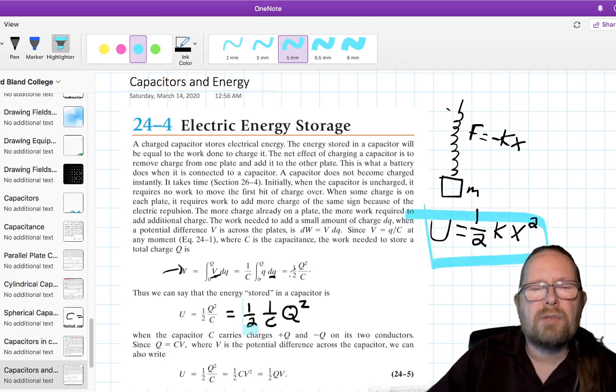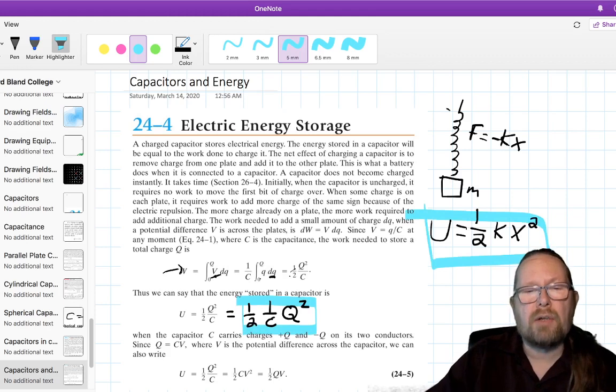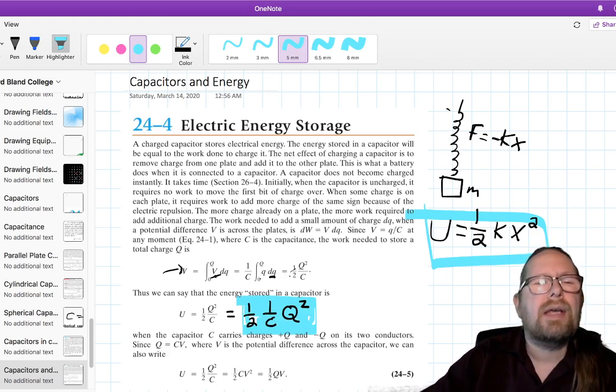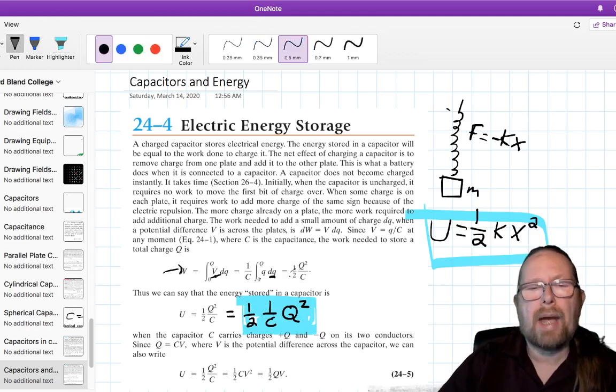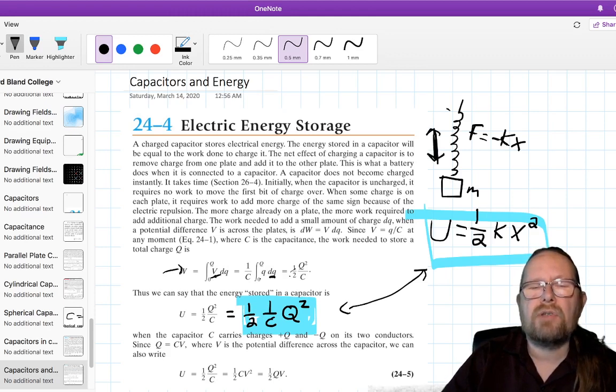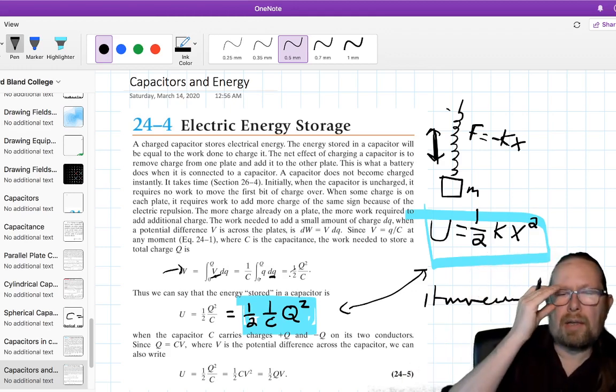And this expression for the potential energy of a capacitor, equal to 1/2 times a constant, 1 over the capacitance, times the charge squared, is an interesting analogy that we will come back to later on in the course, because it turns out that the mechanical system of a mass on a spring oscillating up and down can be related to certain electrical systems that have capacitors and resistors and inductors and all these electrical elements that we haven't talked about yet.